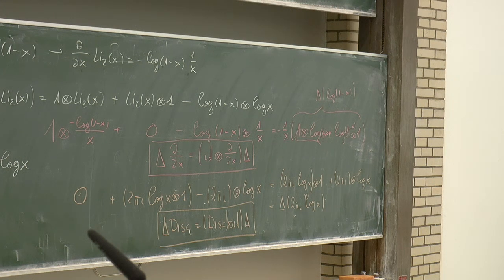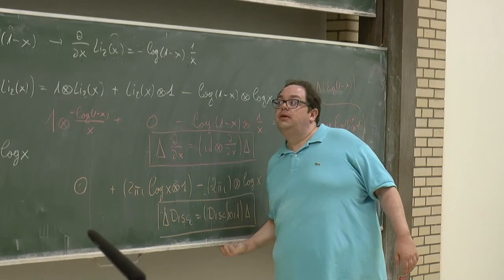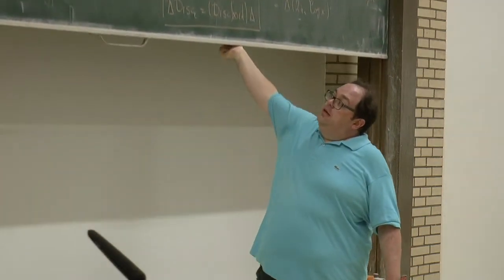Okay? So the one that gives you meaning to the two entries in the co-product. It's discontinuities and derivatives. Questions?